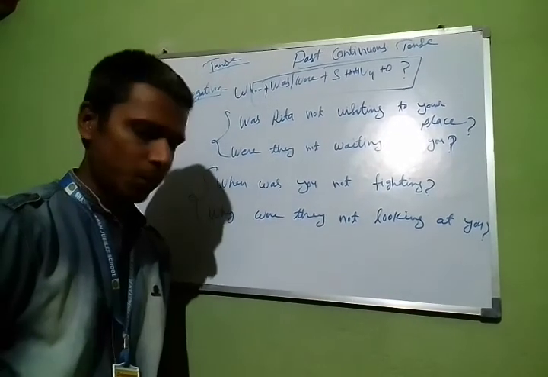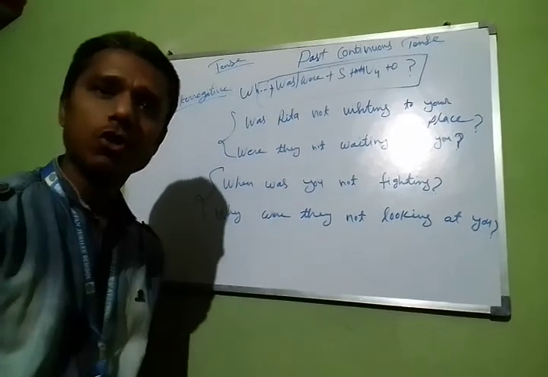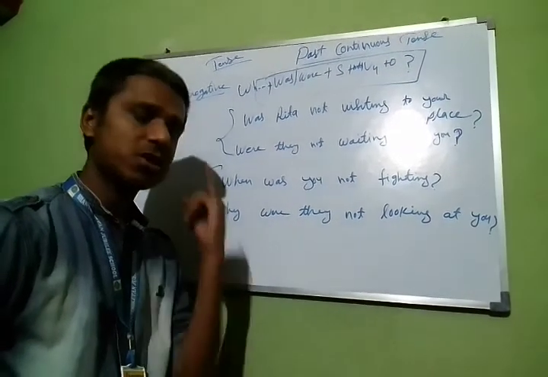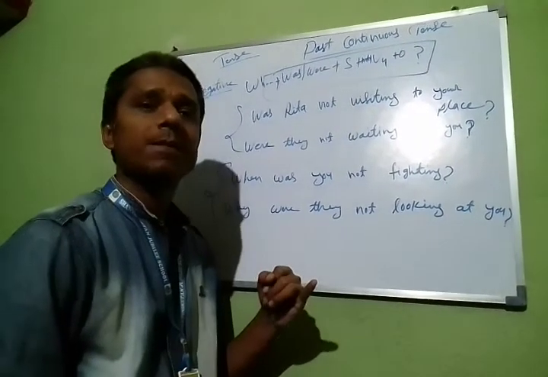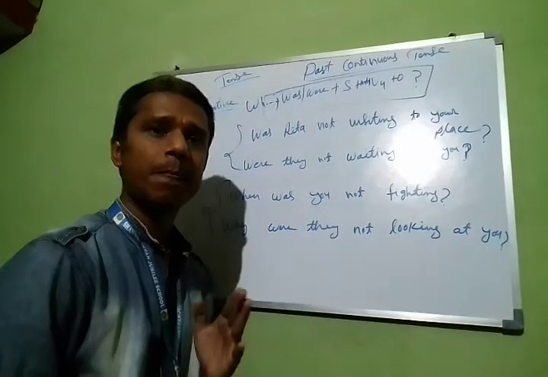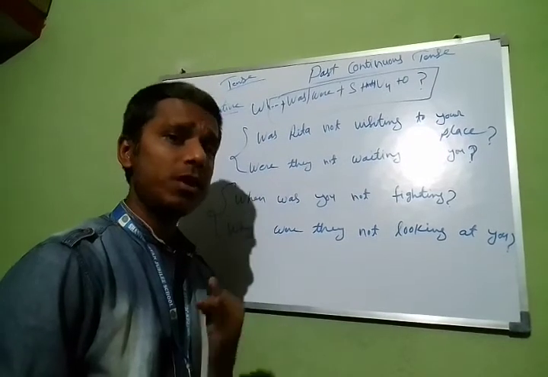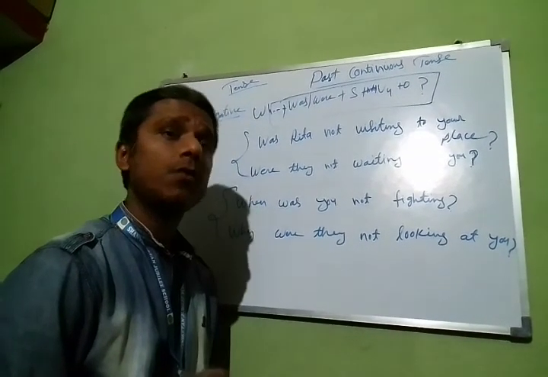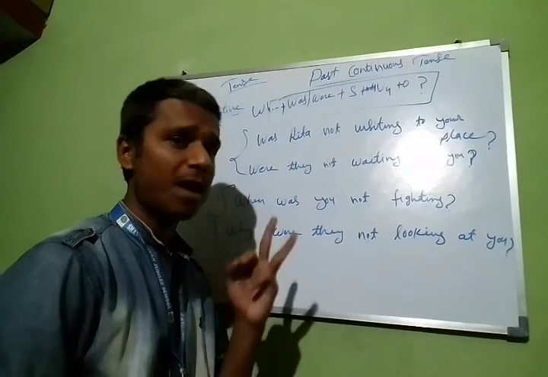Okay, so in this video we got to know the uses of past continuous tense. Its first use is to indicate some action, some activity which was going on in past time, whether time was given or not. Second is we use past continuous tense to indicate when two activities are going on simultaneously in past time.